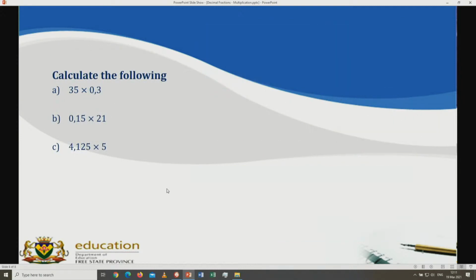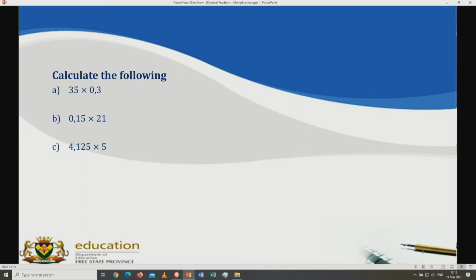Now let's come to the calculations. When we calculate this one, I must note them here. Number A, before we go, you can even try it yourself whilst I'm busy. A is 35 multiplied by 0,3.